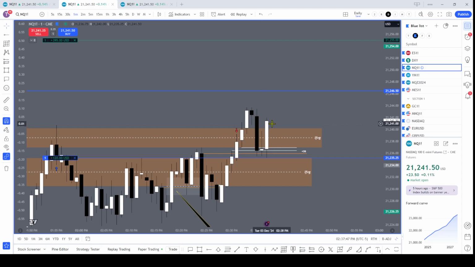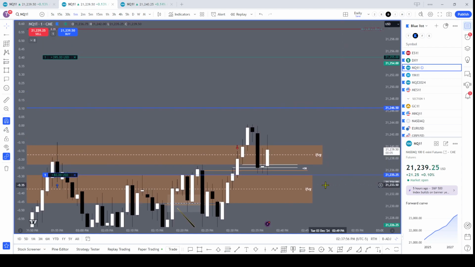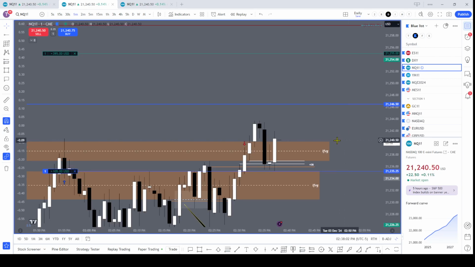Close above that, that would be bullish. I want to see it close above this SIBI if we want to go higher. It's right at the high of it.